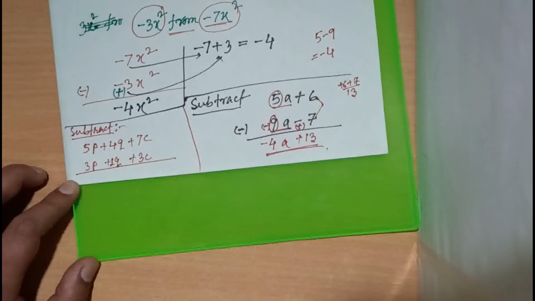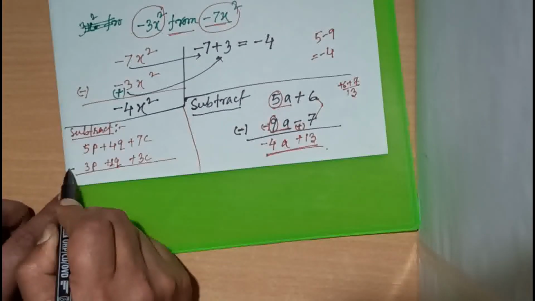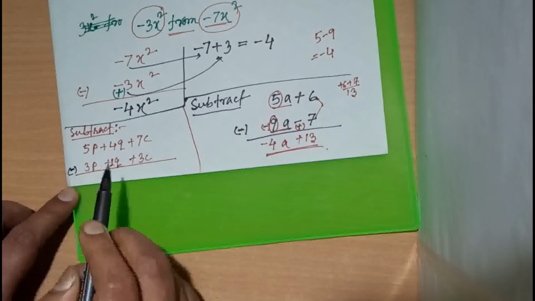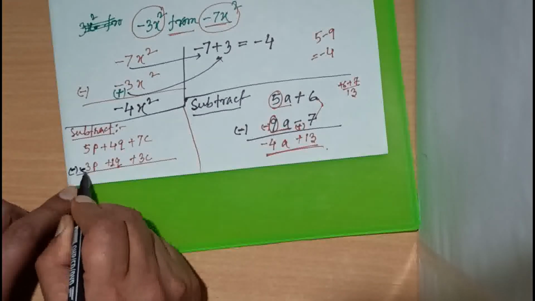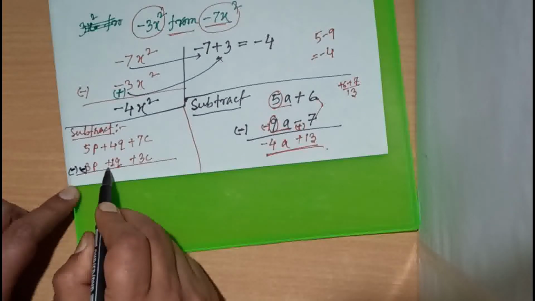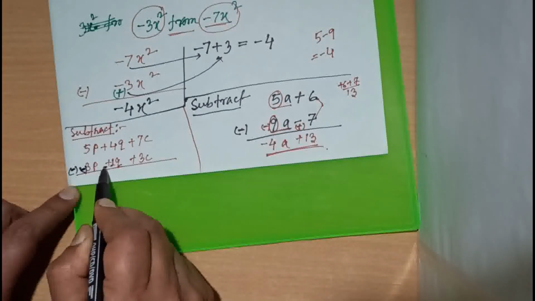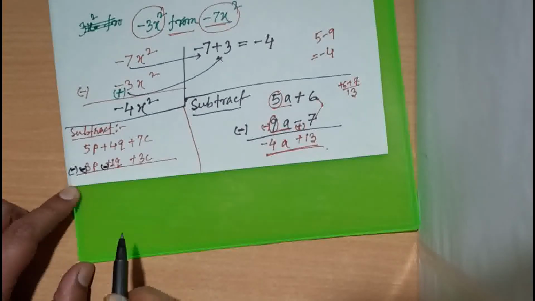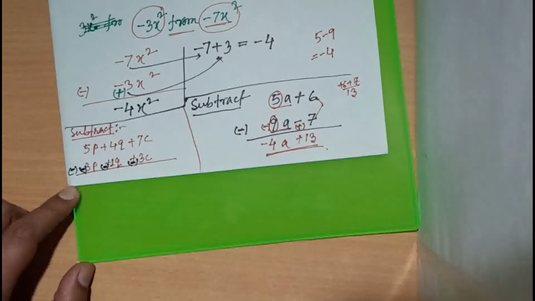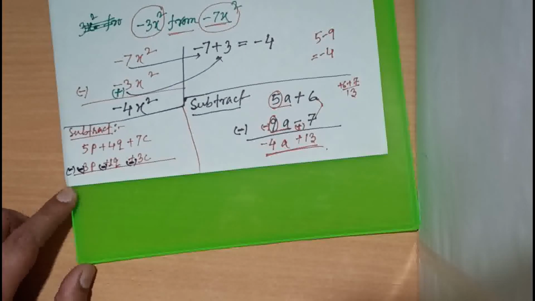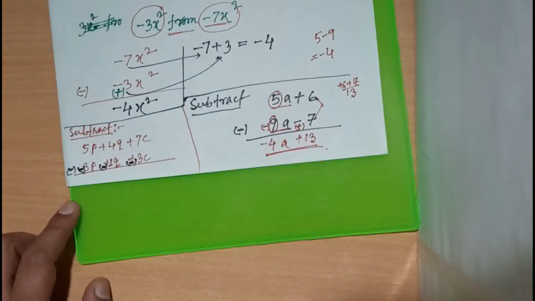Now if you subtract, this is a positive 3p, so it will become negative. This is also positive 1q, it will become negative, and this is a positive 3c, it will become negative. Now you see all are like terms and it is simple addition.